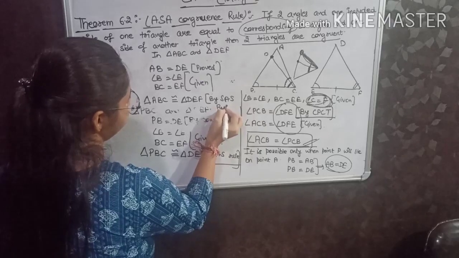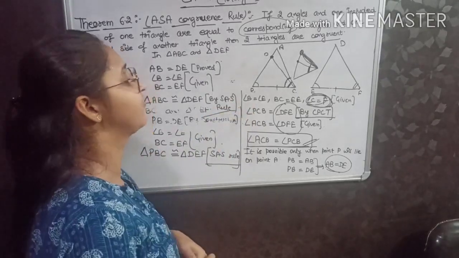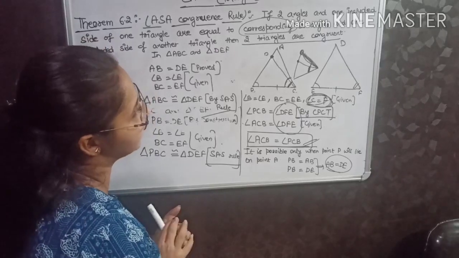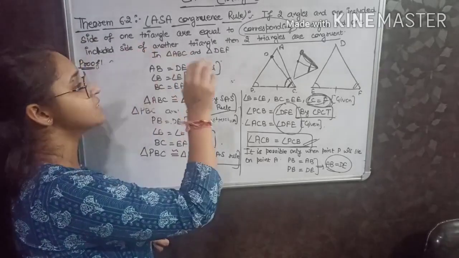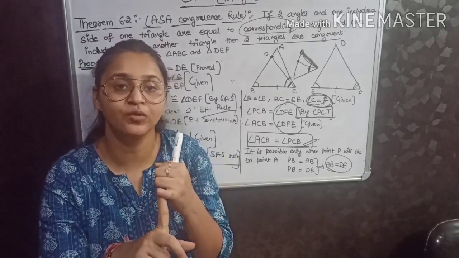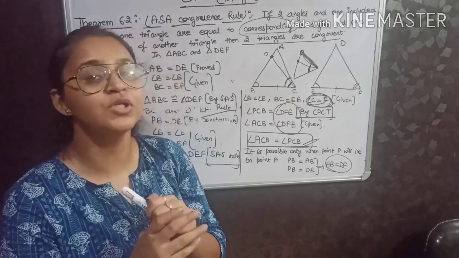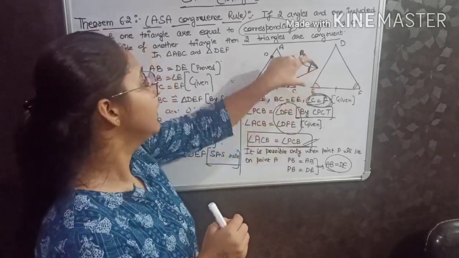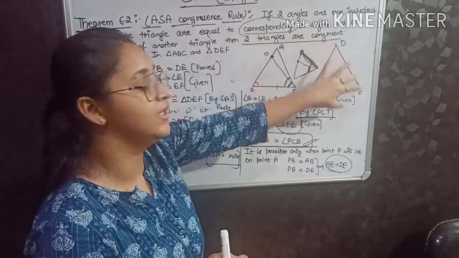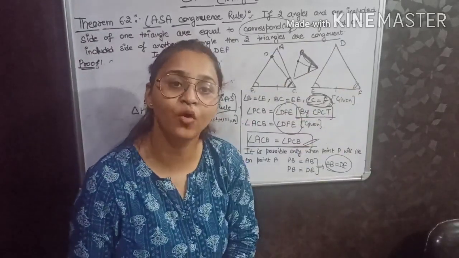Okay, so now the left possibility is if AB is less than DE. I discussed AB is equal to DE. I discussed AB is greater than DE. Now you will show me the proof when AB is less than DE, then how these two triangles will be congruent.